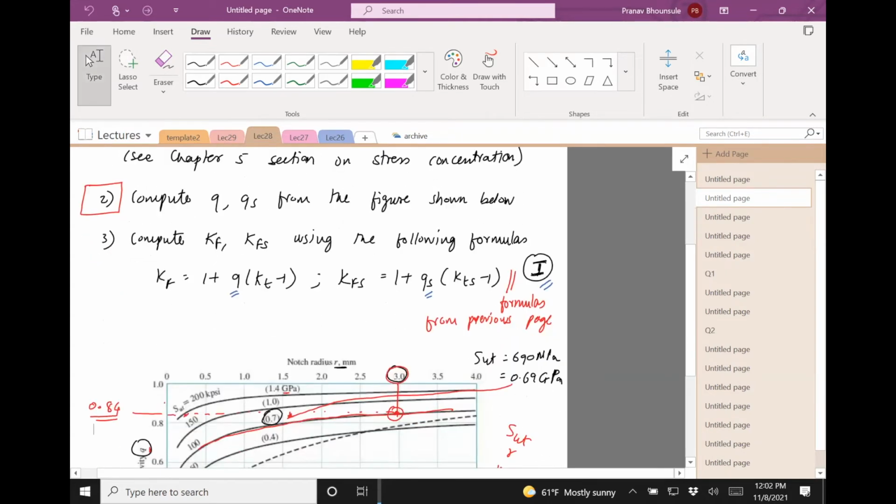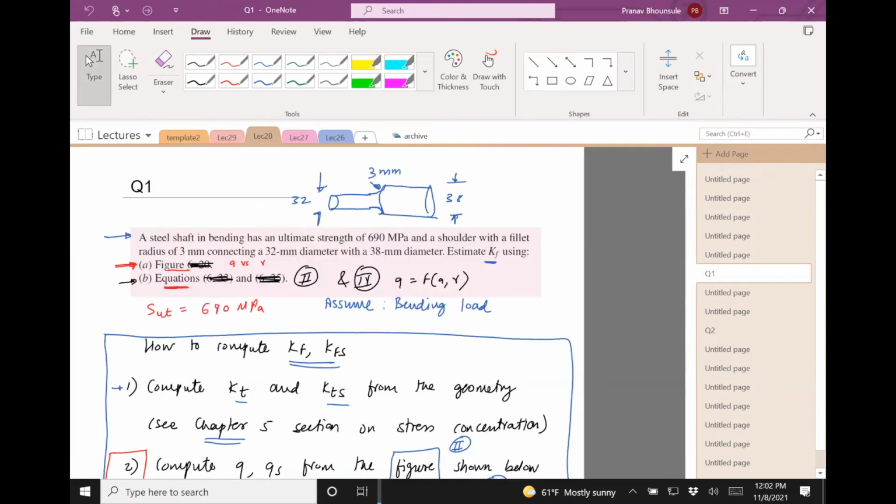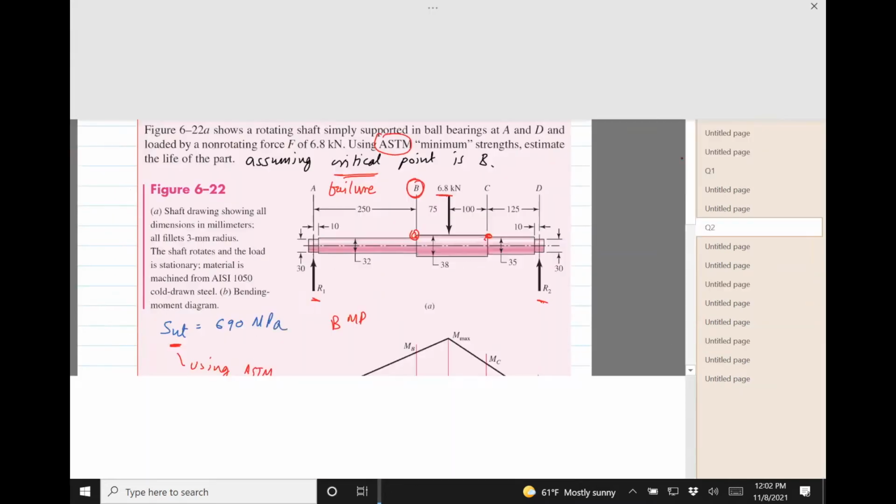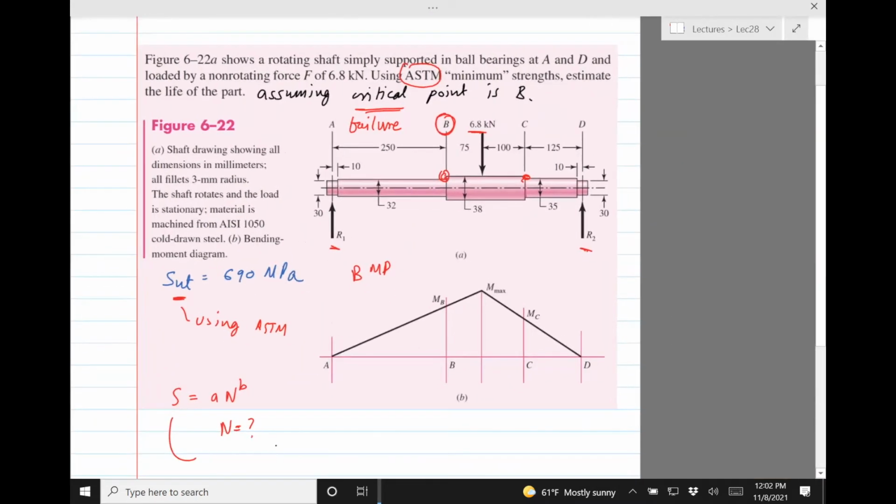Okay, and we solved one problem where there was a shaft with a notch, and we saw how to use the algorithm to solve that. Now here is another problem, in the same vein, but this time we have a physical system, and it's a little bit more intricate. It ties up concepts we learned before in chapter 5, and before that too, chapter 3.